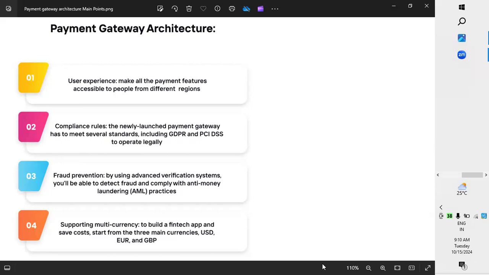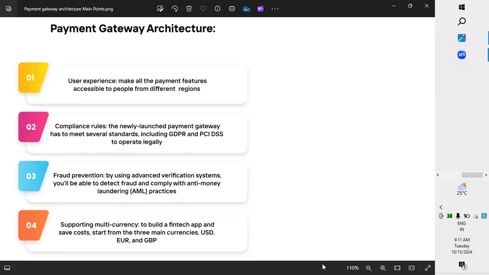So detecting frauds, and at the same time the AML practices we have, which connect to anti-money laundering practices, is also a key and important element from the fraud detection and fraud prevention point of view when we are developing payment solutions and creating a payment gateway architecture.